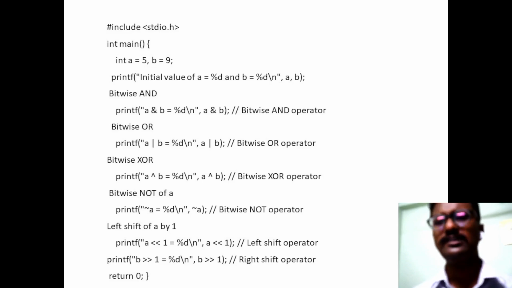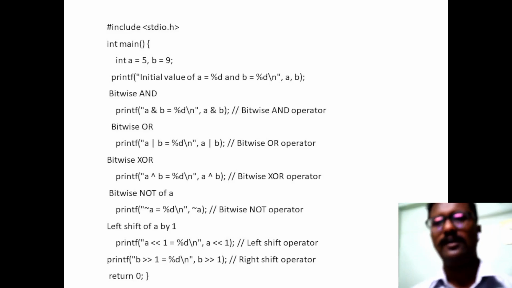We are going to use the bitwise operator here. Next, the same way we are going to look at the OR operator. The OR operator is used to compare each bit of the operands. If at least one of the bits is 1, it returns the value 1.